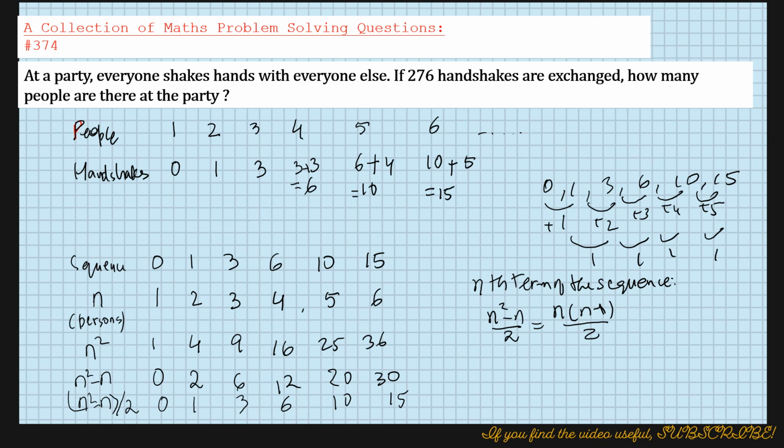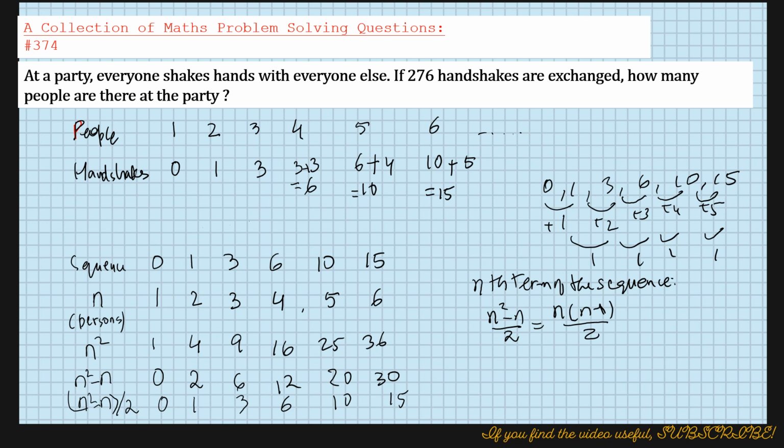So in our question, what is required is to find the number of people. There are 276 handshakes, so we have been given that n square minus n divided by 2 is 276.